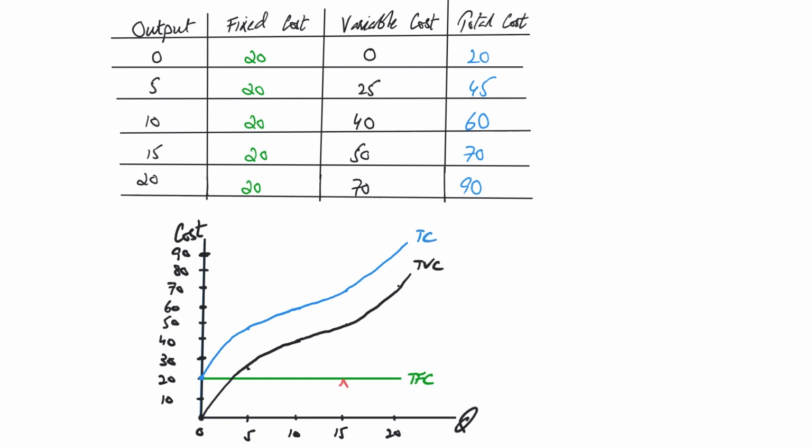The reason this is happening is that the gap between total cost and variable cost is the total fixed cost, and it will be exactly the same, because if you subtract variable cost from total cost, only fixed cost is left, isn't it?